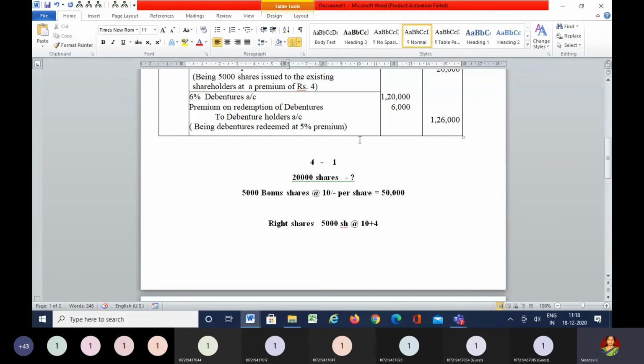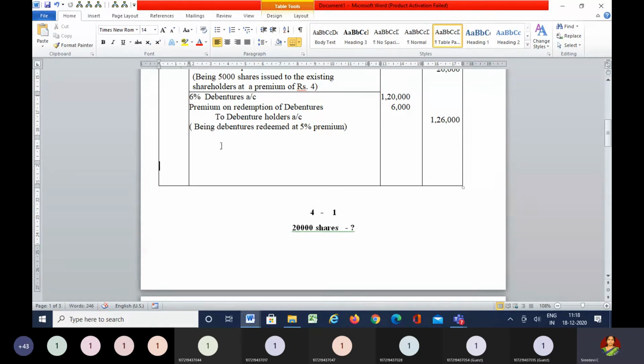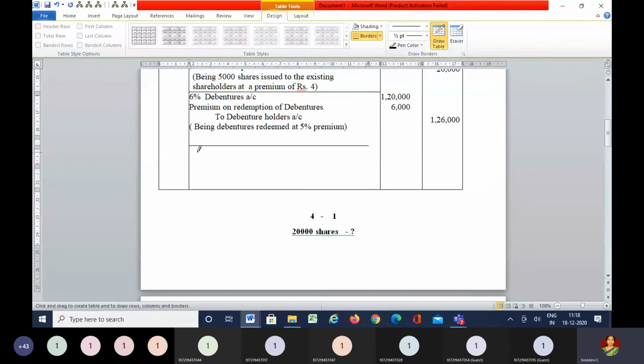Before I do that, there is also one more payment. I did not write the last entry. Now coming to the last entry, the payment needs to be made to the debenture holders. So debenture holders amount debit.